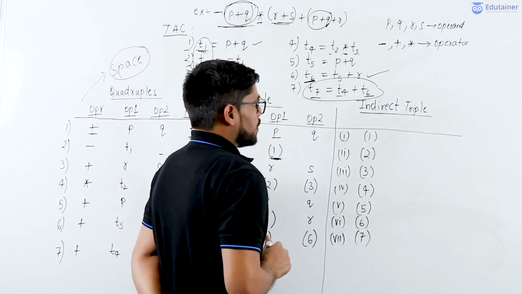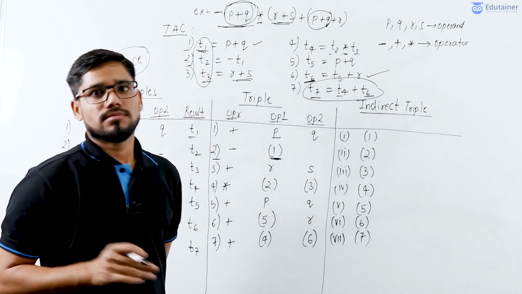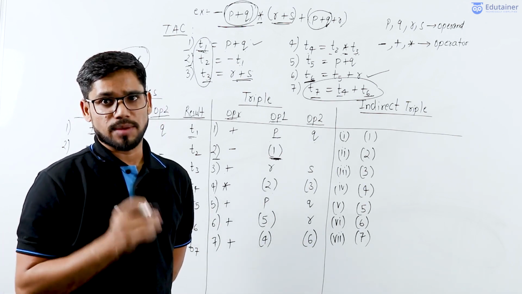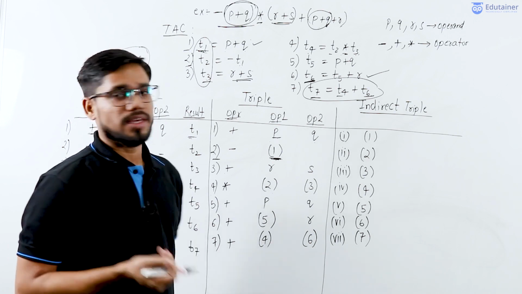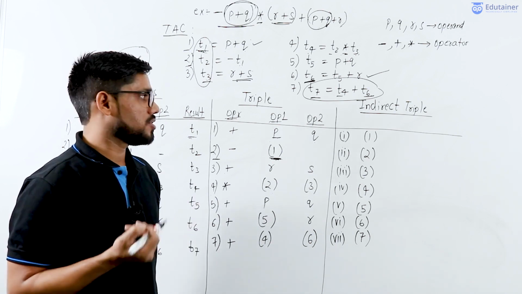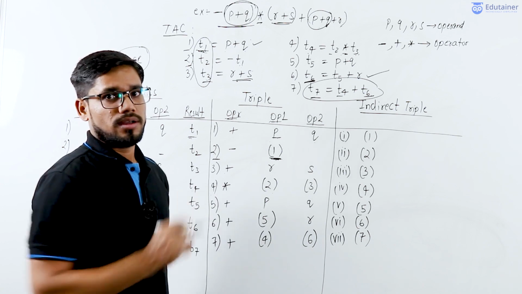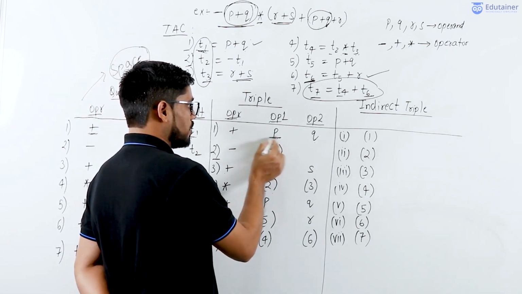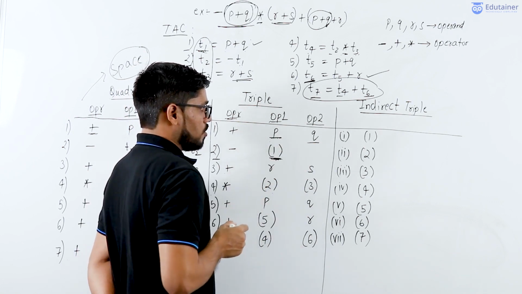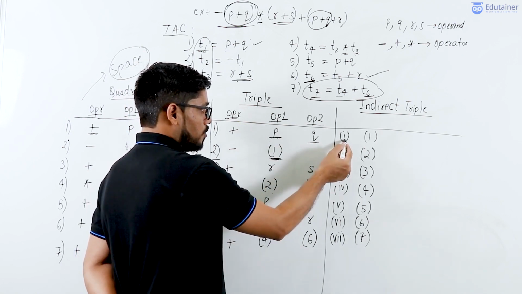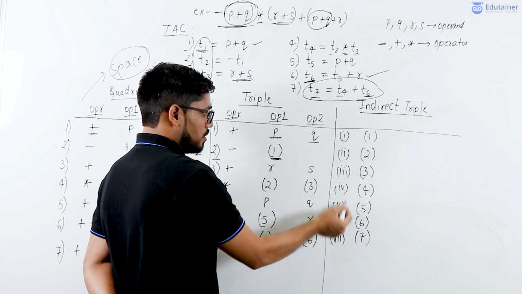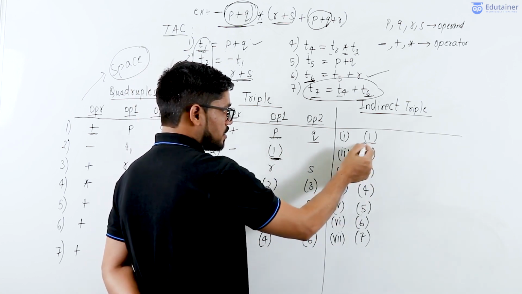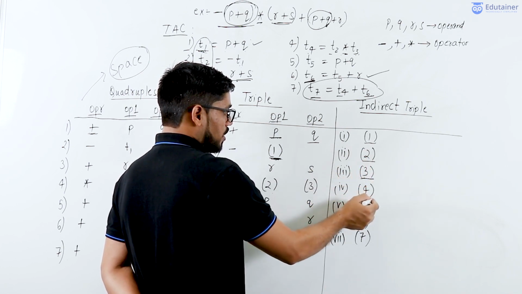Now in indirect triple, we are not using the operator, operand or result as a memory location. We are using only the instruction number, and the instruction number is pointing to the triple locations where the operations are performed. For example, here Roman numbers 1st, 2nd, 3rd, 4th, 5th, 6th are used for the instruction numbers, and these 1, 2, 3 represent the operations.